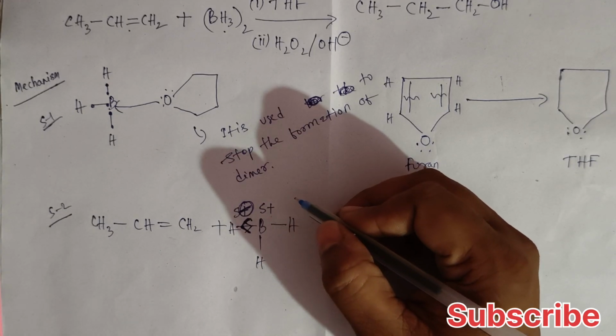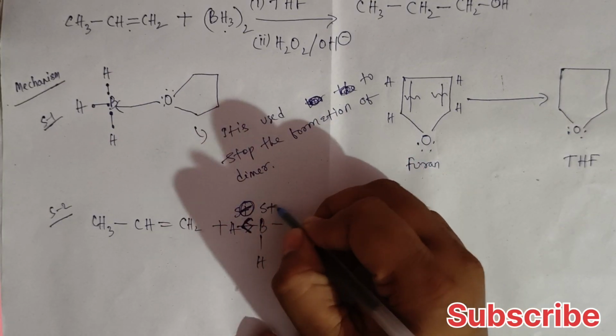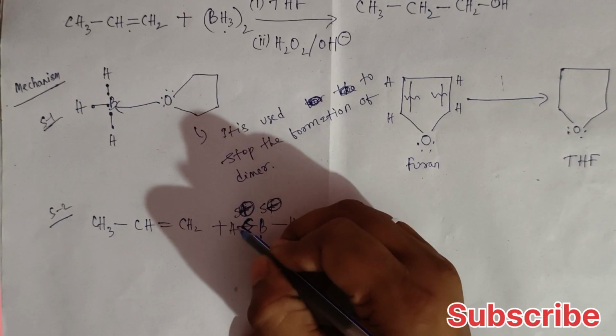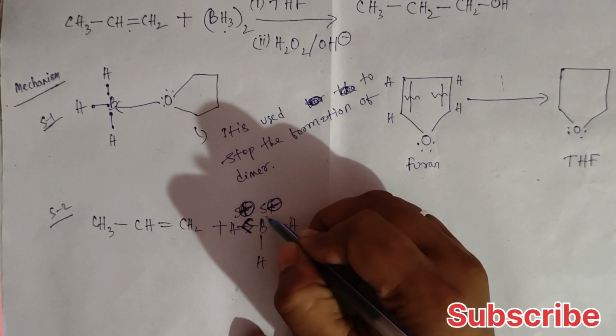Boron attracts the electron pair towards itself. H plus is needed, so the negative part will go here.